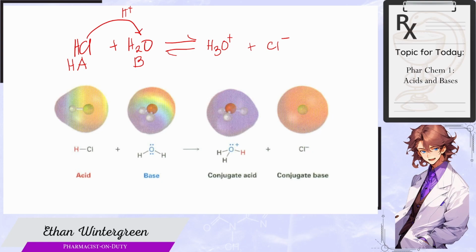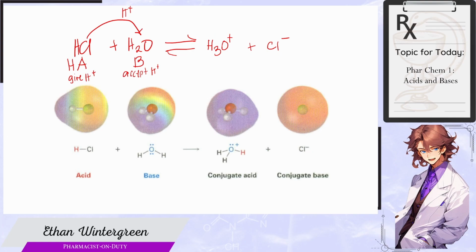For our definitions, whichever has an H is an acid. When an acid reacts with a base, the base accepts the hydrogen ion and the acid gives the hydrogen ion. Now we have names for the products.